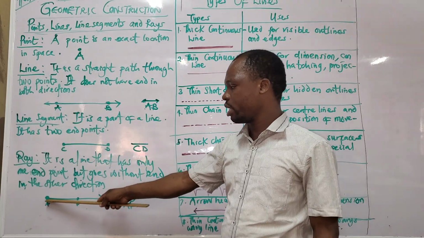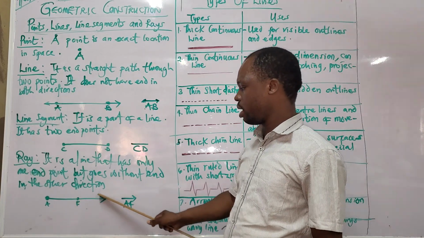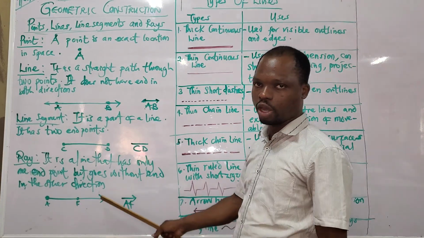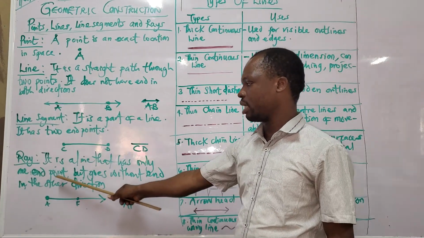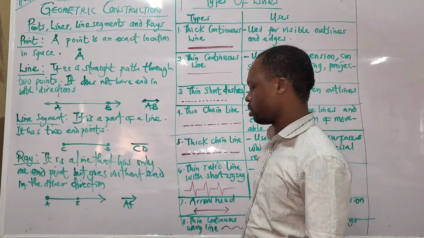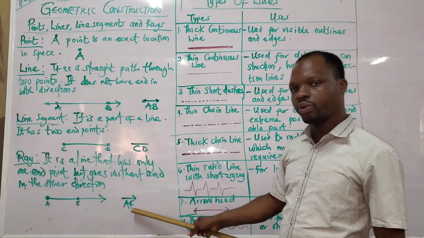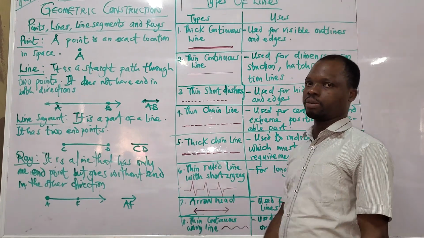You can see the one endpoint here, we denote it by A, and it continues to L. There's no endpoint here. So a ray is a line that has only one endpoint, and the other goes without an end in the other direction. We denote it with AF with an arrowhead on it.